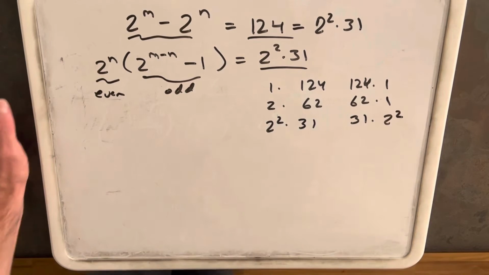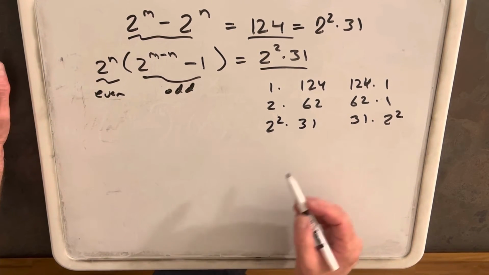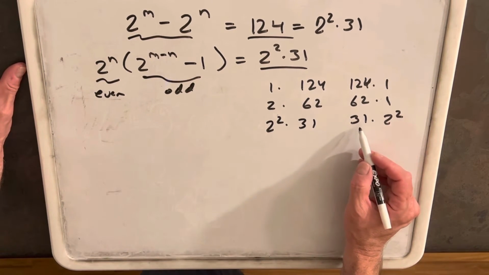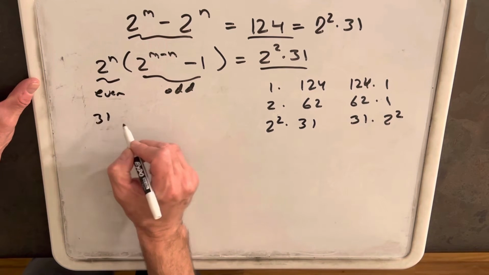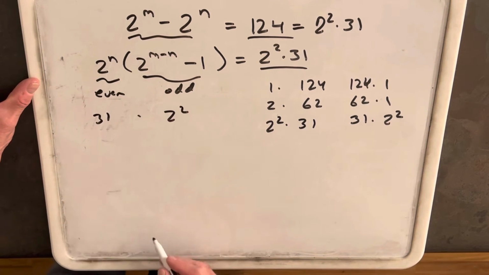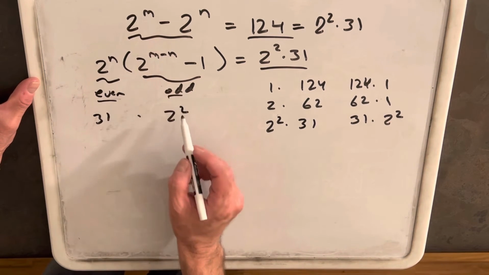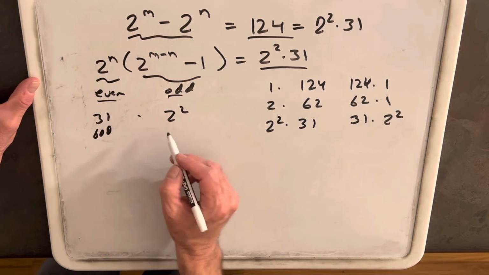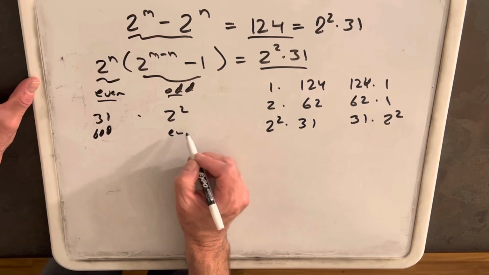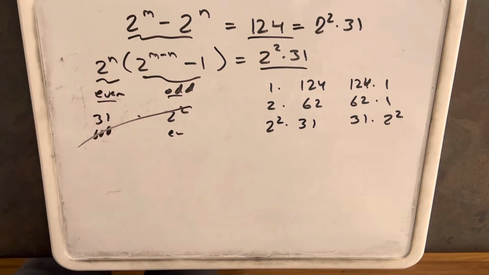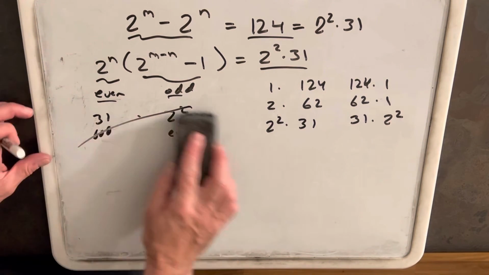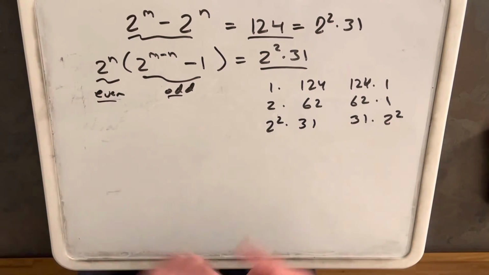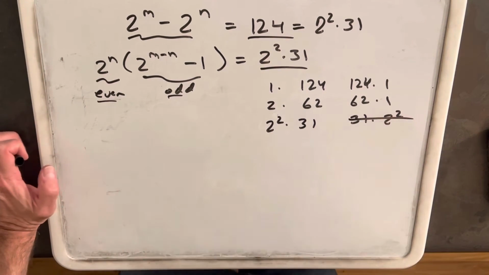But a lot of these are impossible. First of all, 31 times 2 squared is impossible because this is even and this is odd, and we end up with the opposite. 31 is odd, 2 squared is even, so that's not going to work. So right off the bat, we'll eliminate that case.